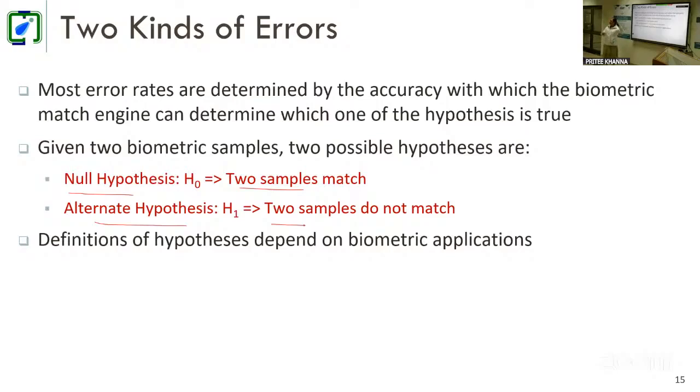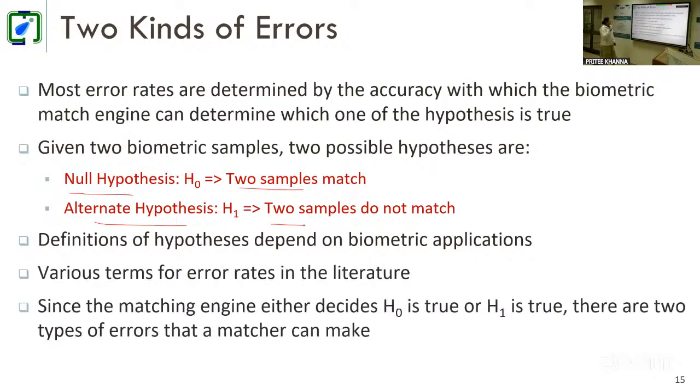If you go for negative, the meaning will be reversed. Your matching engine decides whether the null hypothesis or the alternate hypothesis is true, and based on this decision there are two types of errors a matcher can make.